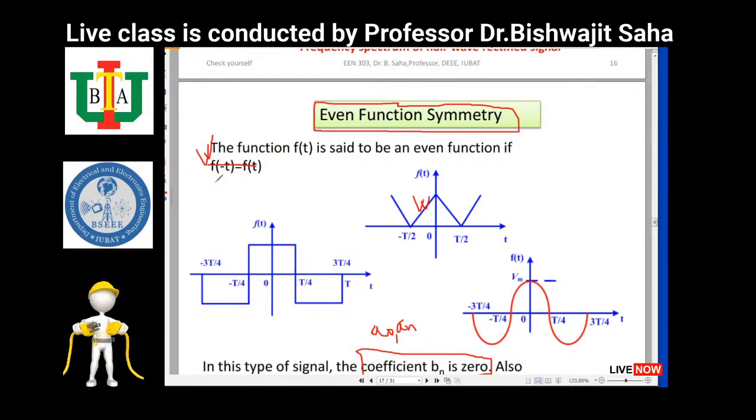If it is angle based, then it should be f of minus theta equals f of theta. The latter one is based on angle, the above one is based on time. So whatever x-axis is given, you can find out the solution.